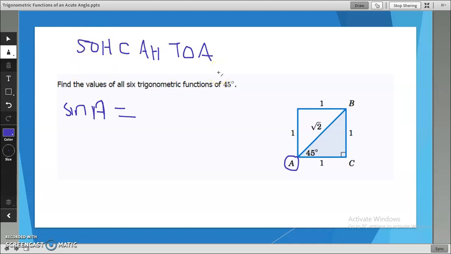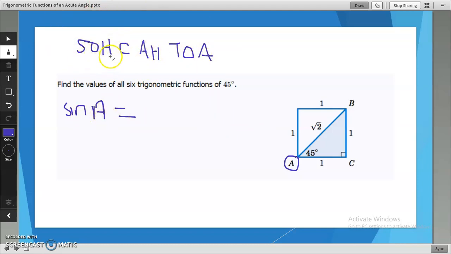They make up a funny little story about an Indian girl or boy who was named SOHCAHTOA because they had to soak their toe in a creek or river. There are many stories that have been made up, but anyway, this is how you remember it. This is the little acronym, SOHCAHTOA.